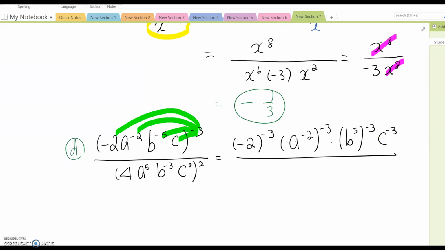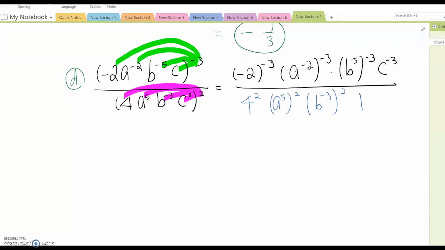Now same thing we do for the denominator. Then this is going to be 4 squared, a^5 squared, b^-3 squared, c is element 1, so just 1. Okay, then simplify. Actually, I'm gonna move everything down, negative exponents on the numerator, and then everything up from negative exponents on the denominator.